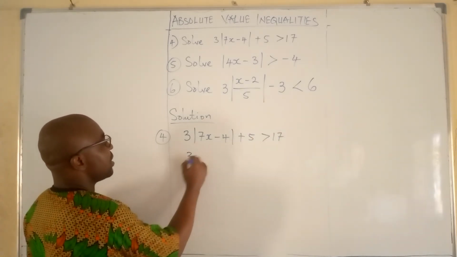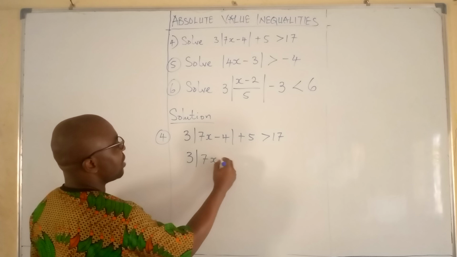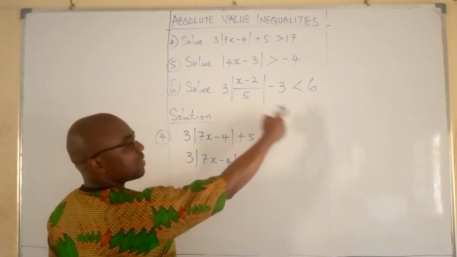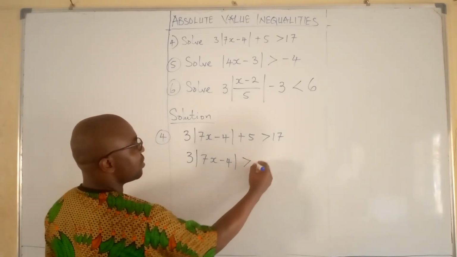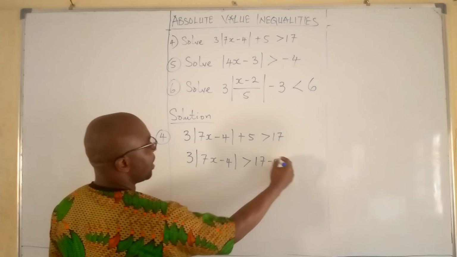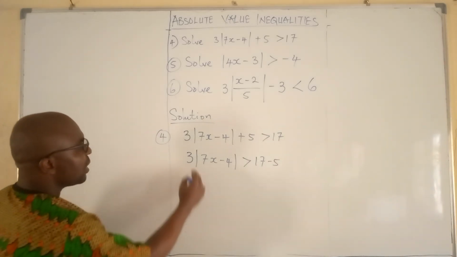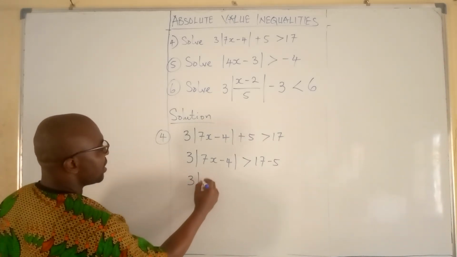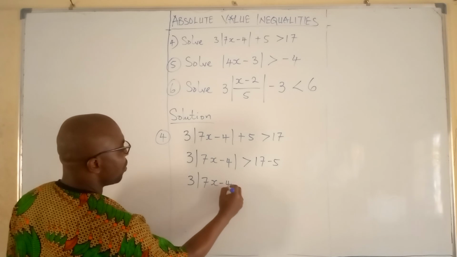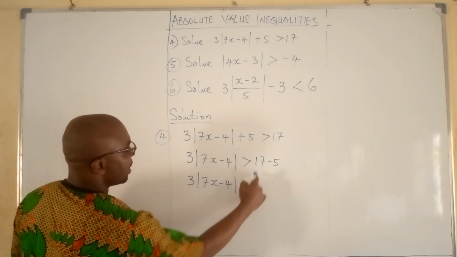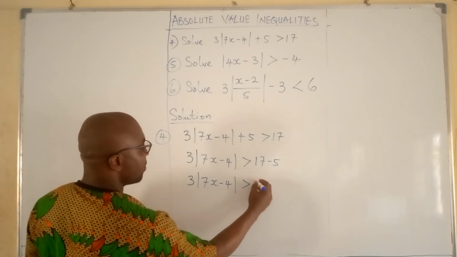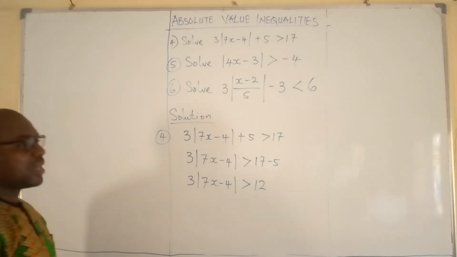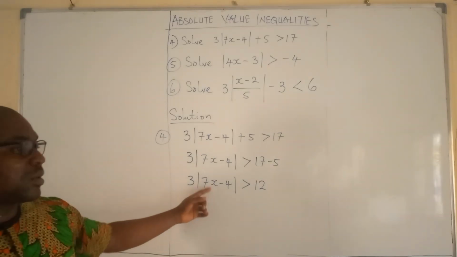So this gives us 3 times the absolute value of 7x minus 4. When 5 crosses over, it becomes negative, so we have 17 minus 5, which is 12. As you can see, the absolute value sign is still not standing alone.